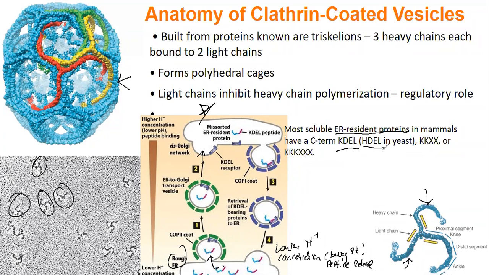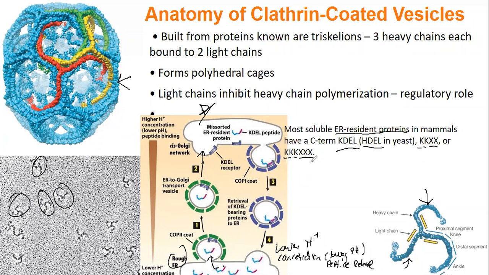In yeast, they use HDEL. What can also be in mammals is lysine, lysine, and then 2 random amino acids, or lysine, lysine, lysine, and then 3 random amino acids. Right. So this is at the C-terminus of proteins that must stay in the ER.